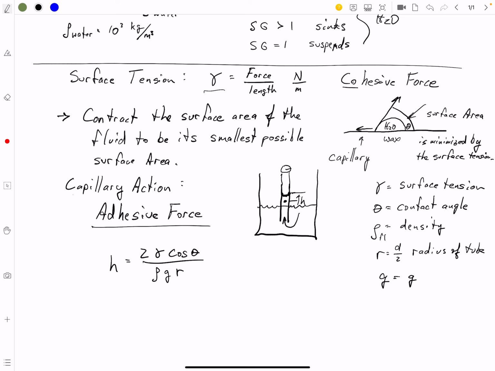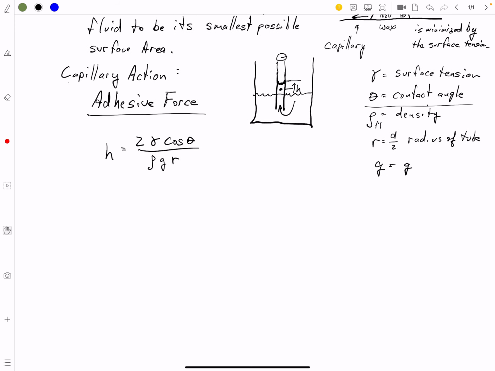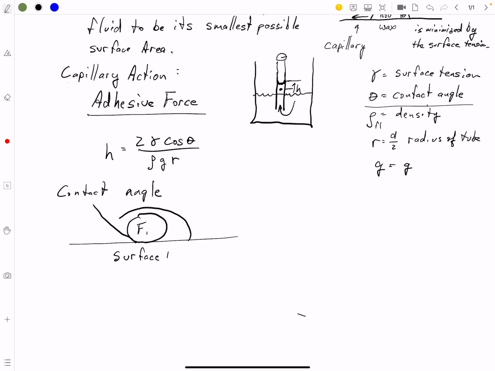Okay, so our contact angle. Let's talk about that a little bit. Our contact angle could be, depending on the surface, so we'll have surface 1 here, and we've got fluid 1. This contact angle is quite large.